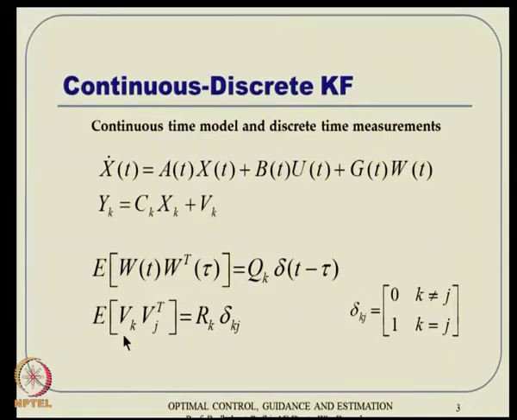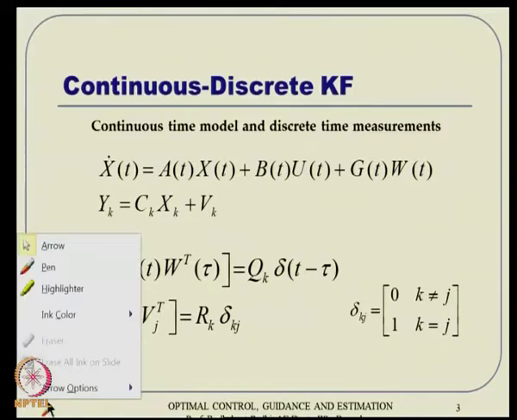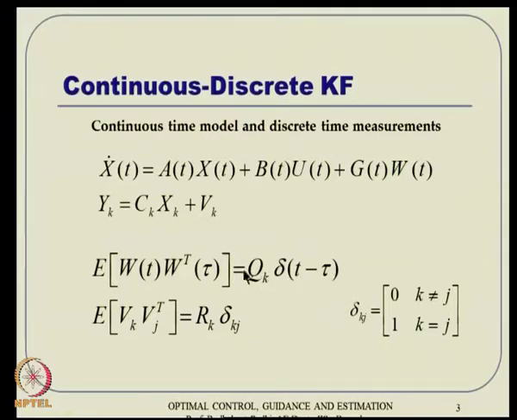Q k applies when t is t k, otherwise it has no meaning. If t is equal to tau, then it is 1, otherwise it is 0. Remember that. Then the expected value of V k times V j transpose is R k times the Kronecker delta, so unless k is equal to j, it is 0, and if k is equal to j, it is 1.